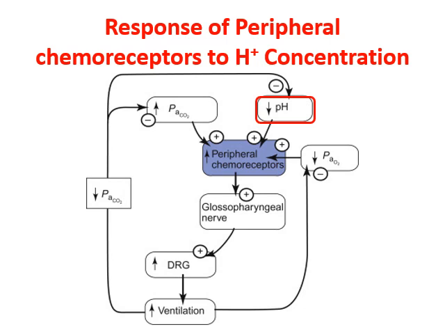For example, in metabolic acidosis, the increase in the hydrogen ion concentration caused by the addition of a fixed acid to the blood, such as lactic acid during muscle exercise, stimulates ventilation through the peripheral chemoreceptors. The increased ventilation lowers the partial pressure of carbon dioxide and therefore the hydrogen ion concentration of the arterial blood, which will return the pH of the blood back to normal.